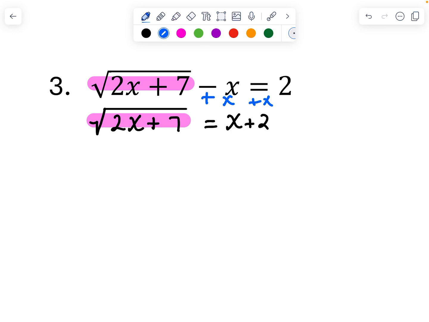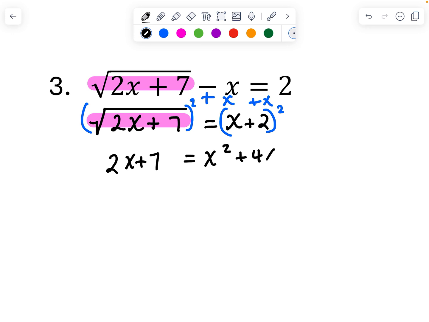Now that it is isolated, you can get rid of it. You're going to get rid of it by squaring it, and what you square on one side, you have to square on the other side. The square on the left gives you 2x plus 7. The square on the right gives you x squared plus 4x plus 4.